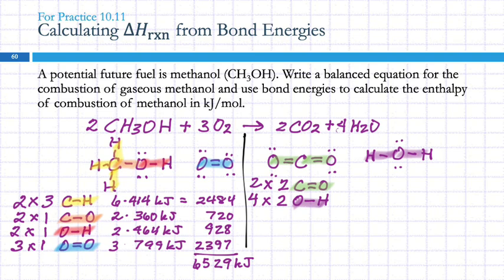So, I don't know if I can't read it or not, but you said the double bonded oxygen is 498 on the board. Thank you. I used the wrong one. I was looking at the CO, so thank you. So this is wrong. Actually, let's do it like this.